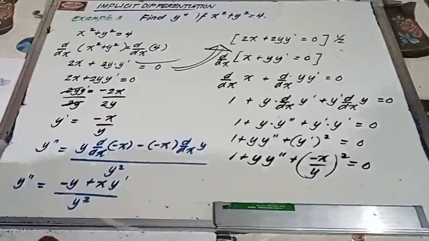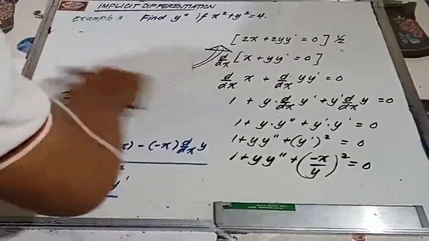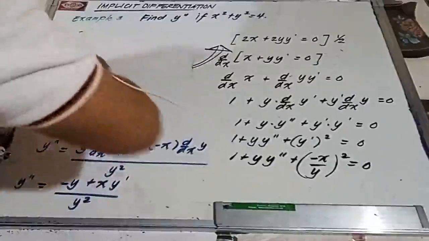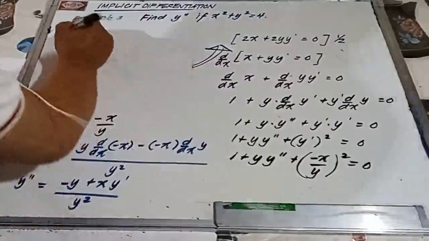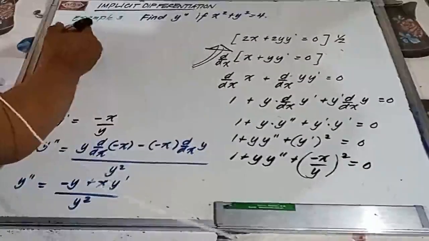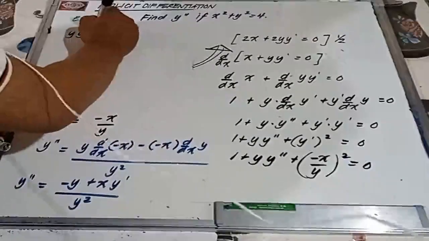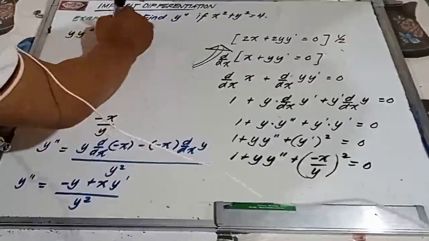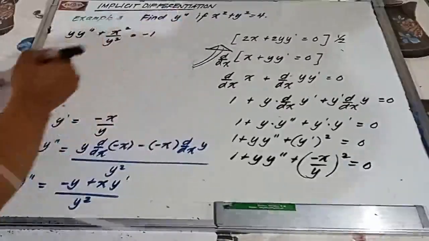Okay? Then simplify natin. So we have, transpose natin si negative 1. So we have y, second derivative, plus x squared over y squared equals negative 1.